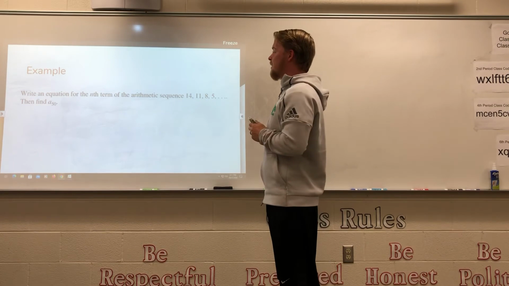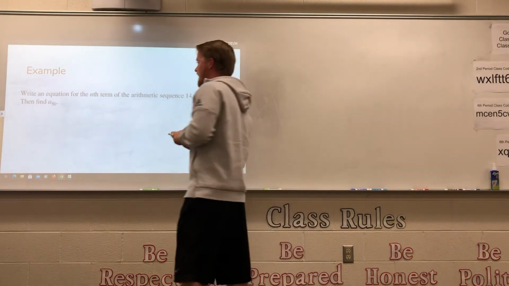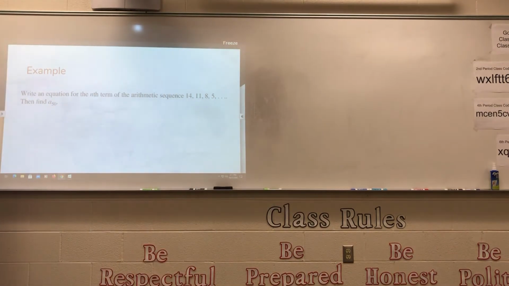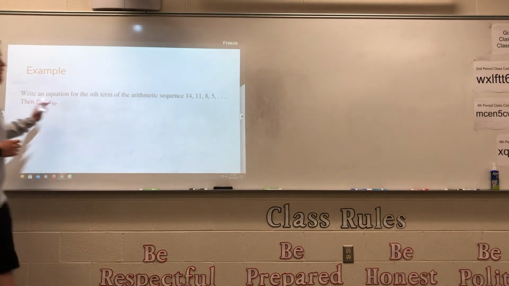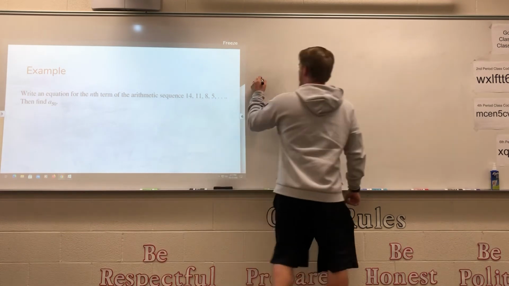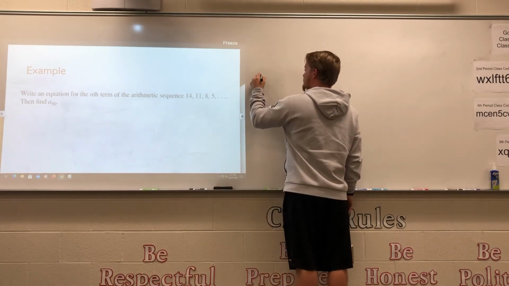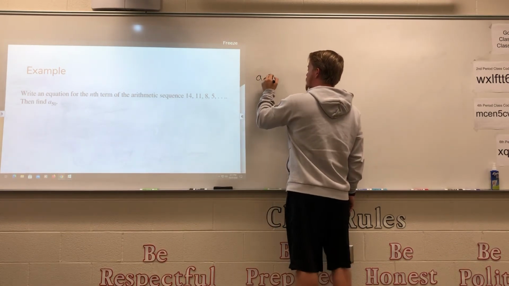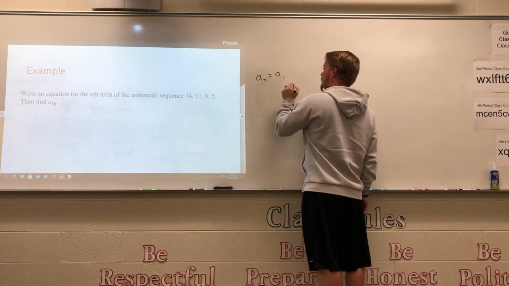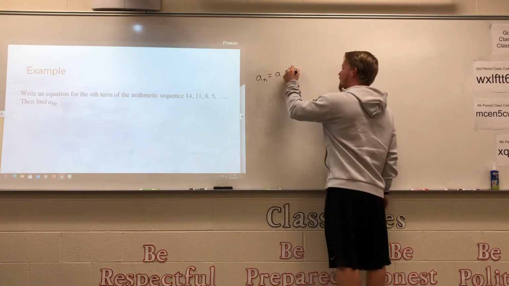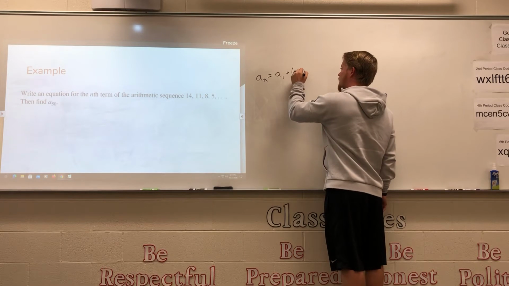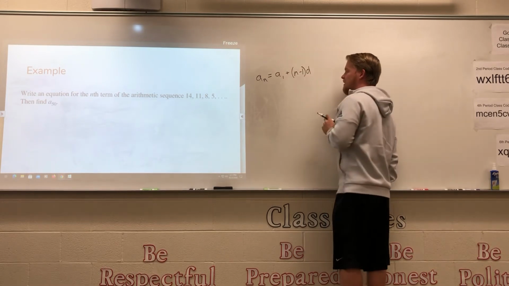First, we need to write the equation. From that last slide, you'll remember the equation for an arithmetic sequence is a_n equals a_1 plus (n minus 1), and then outside the parenthesis is d.